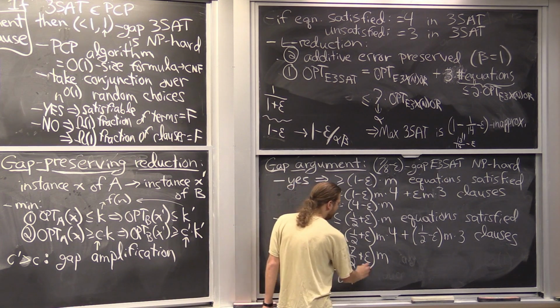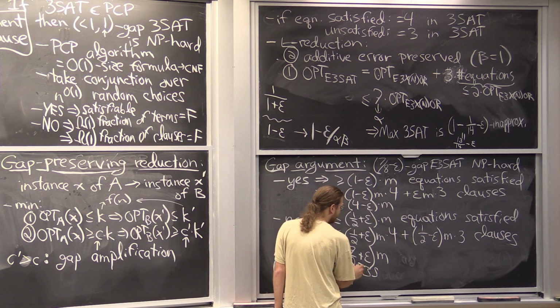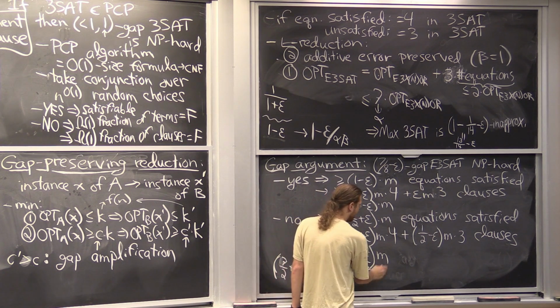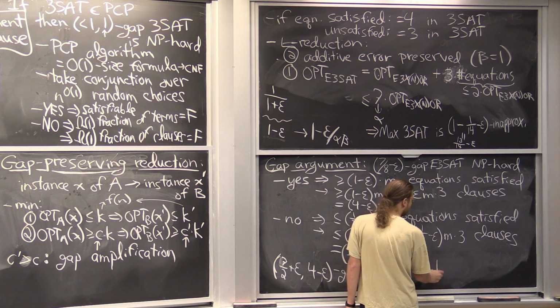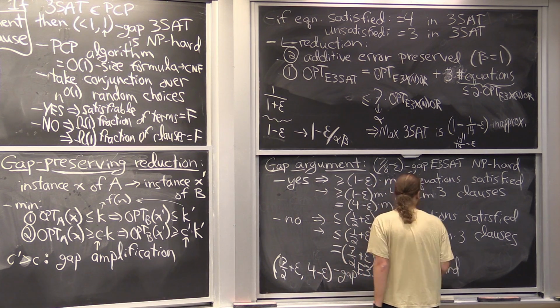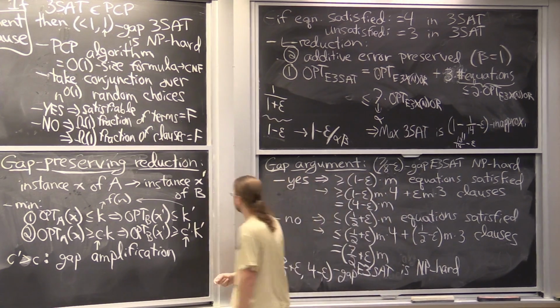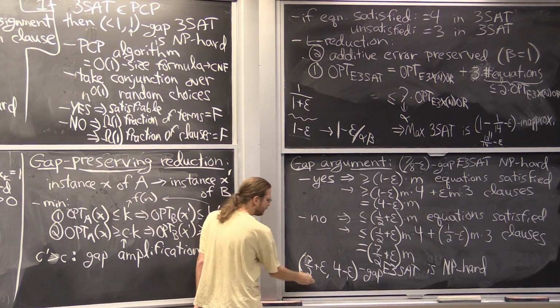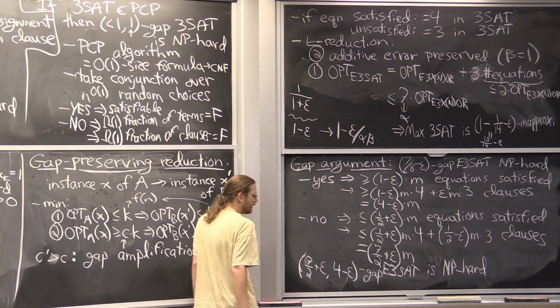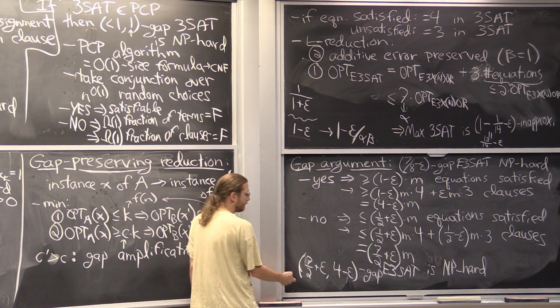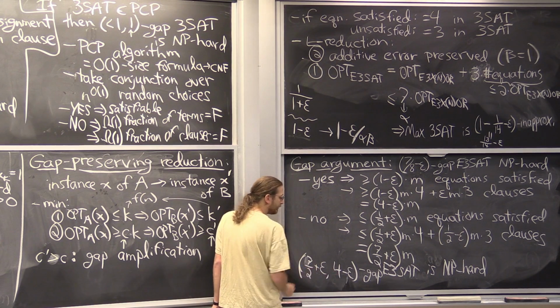Gap 3-SAT, E3-SAT is NP-hard because we had NP-hardness of the gap before. We did this gap-preserving reduction, which ended up with this new gap, this being for no instances, this being for yes instances.